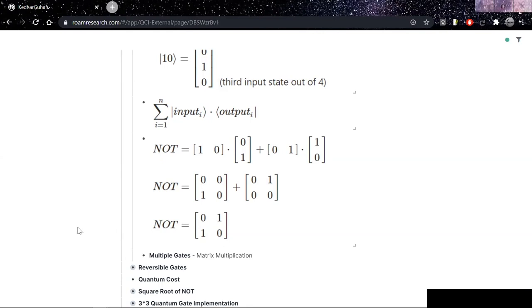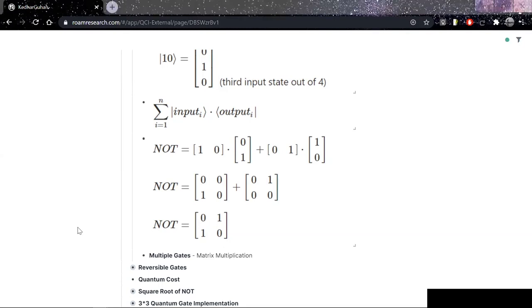In a circuit, of course, multiple gates will be there. In that case, we represent it mathematically as a combination of matrices, as in we multiply them, and the order of combination matters. For example, let me try to annotate here. y is equal to some function of x.